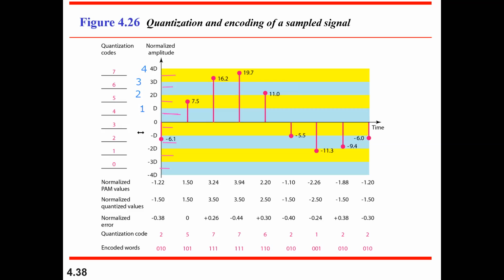Similarly, whichever comes below 0 is -1, this one is -2, this one is -3, this one is -4. Are you understanding it? So clear with respect to this bifurcation now?